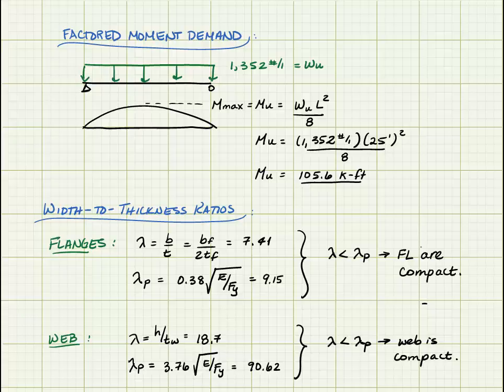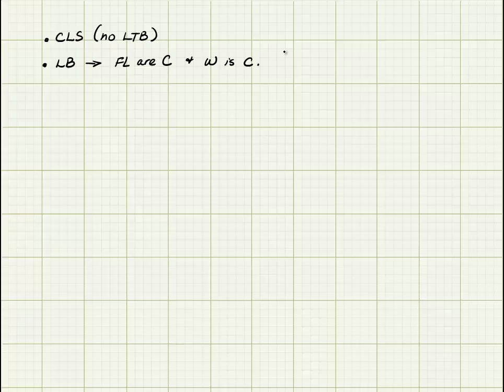Okay, so summarizing up to this point, the problem statement told me that I have continuous lateral support, meaning I don't have to worry about lateral torsional buckling for this problem. And for local buckling considerations, the flanges are compact and the web is compact. So since my flanges and my web, my entire cross-section is compact, that means it's stocky enough to develop the full plastic moment so long as lateral torsional buckling is prohibited.